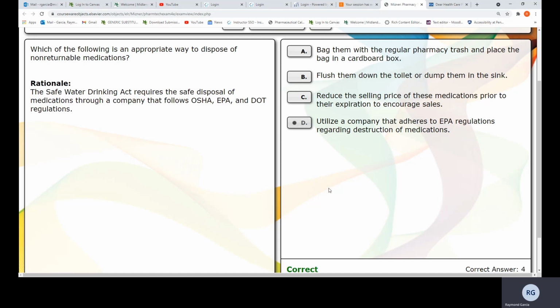The Safe Drinking Water Act requires the safe disposal of medications through a company that follows OSHA, EPA, and DOT regulations. But we do put them in a trash liner inside of a box.